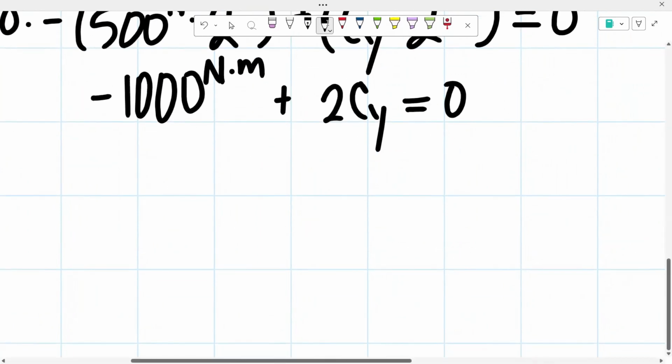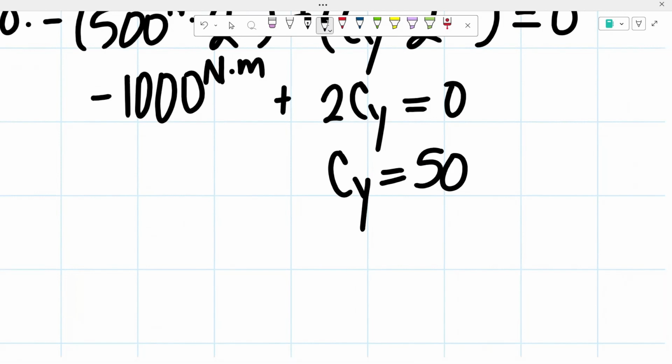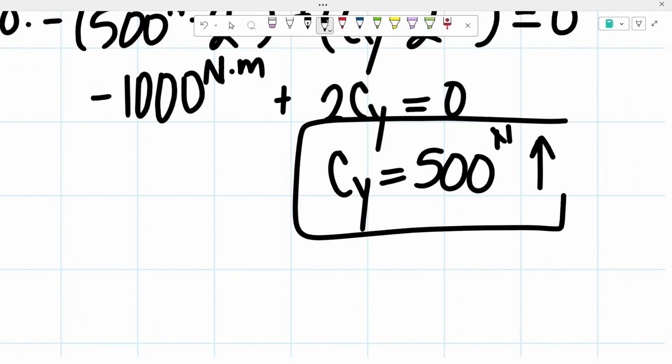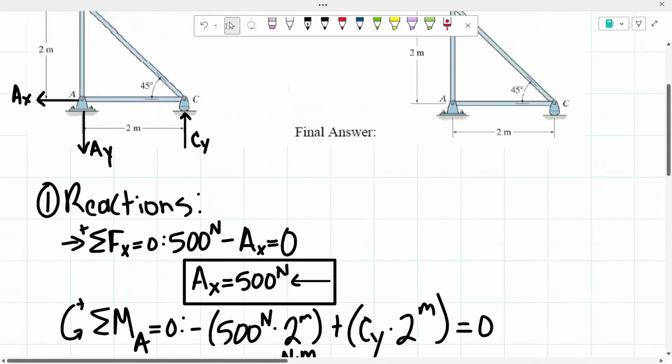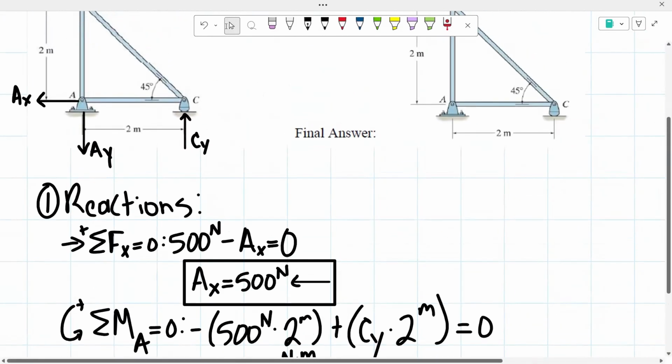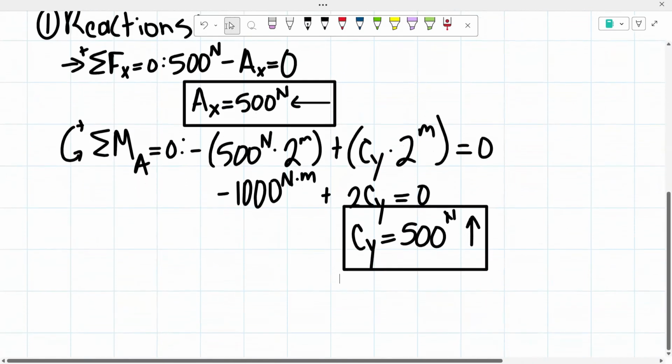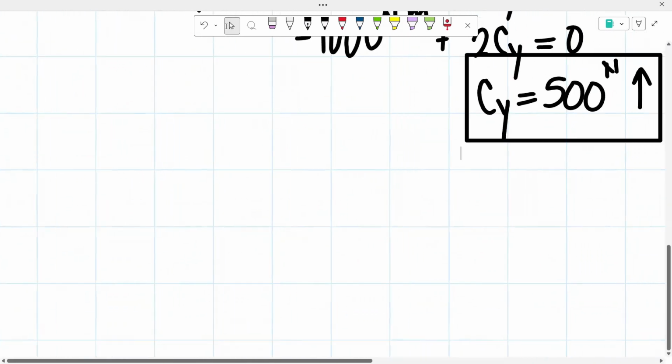If we solve this for our reaction C of y, we end up getting that C of y is equal to 500 newtons. We got a positive number, which means we assumed correctly, so we know that this reaction is going upwards. Now we just have to determine our A sub y. We can find it by taking the sum of the forces in the y direction.